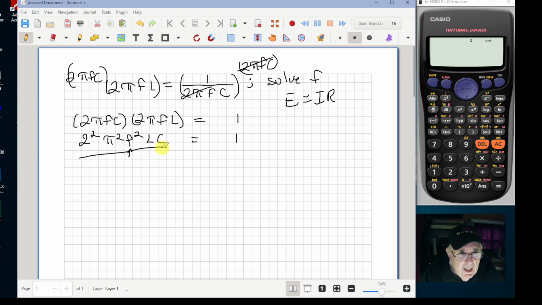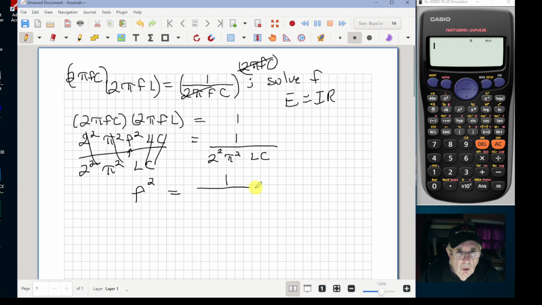So let's divide by 2 squared, pi squared, and L and C on both sides. This cancels, and we're just left with F squared. So F squared is 1 over 2 squared, pi squared, L times C.